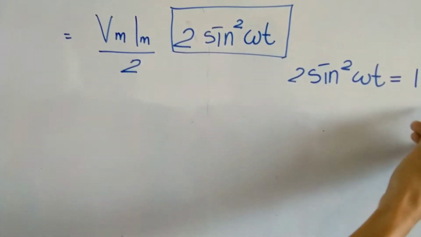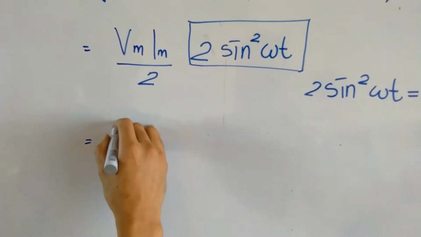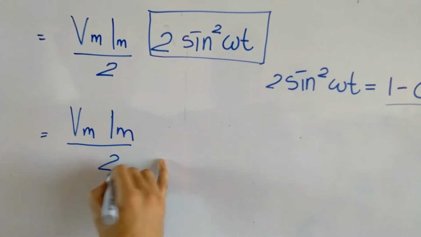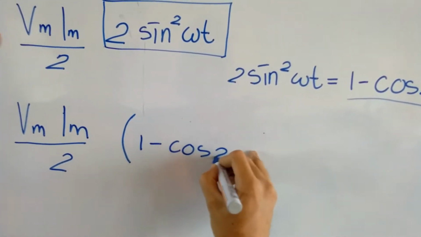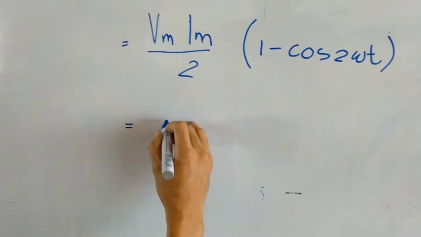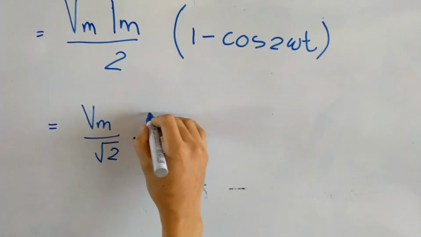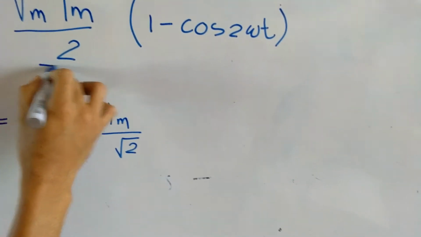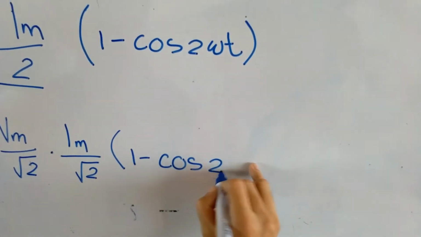We substitute the value 1 minus cosine 2 omega t into the general equation, so we have Vm Im all over 2 times 1 minus cosine 2 omega t. It can also be written as Vm over square root of 2 times Im over square root of 2, times 1 minus cosine 2 omega t.